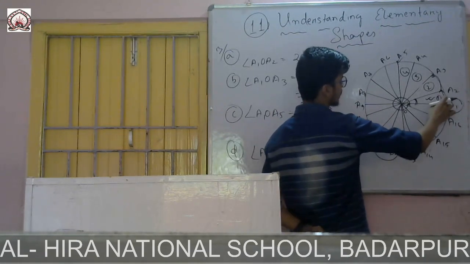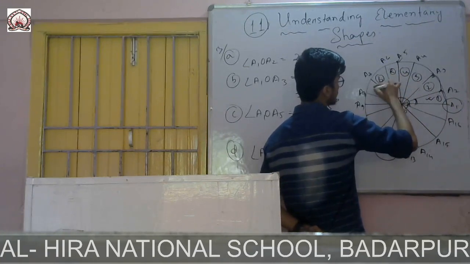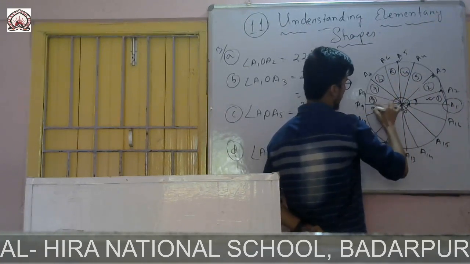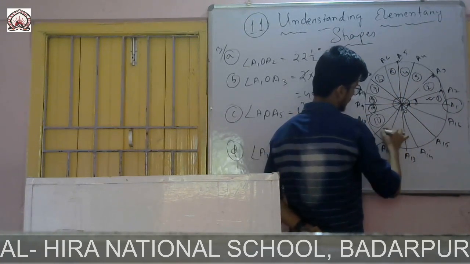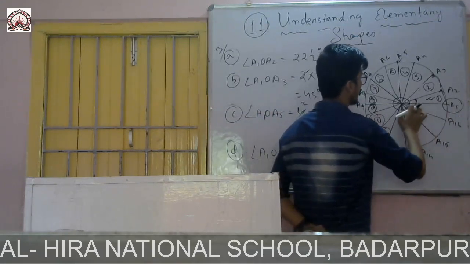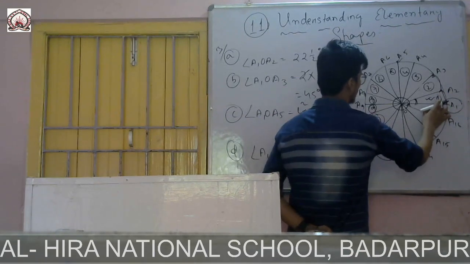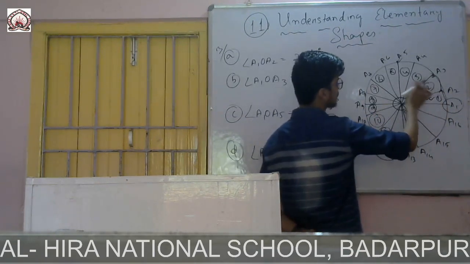If I start from here: 1, 2, 3, 4, 5, 6, 7, 8, 9, 10, 11. How many? 11. And A1OA2 is only one angle. So this will be 11 times, all of them are the same.